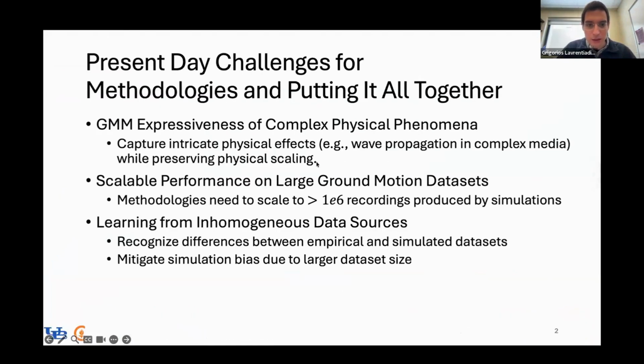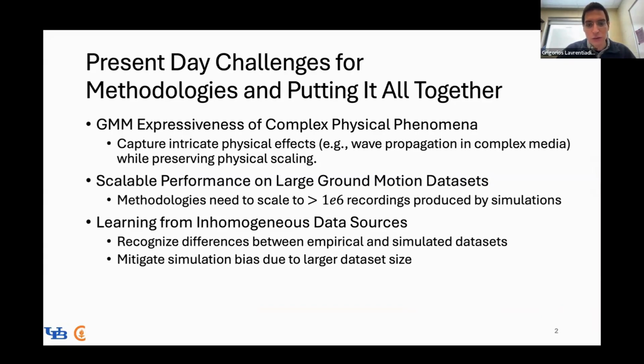And tying it to the theme of this workshop, the main challenges that we identified through this work was first the need to develop a non-ergodic ground motion model with a high level of expressiveness in order to be able to capture complex physical effects that we see both in the observations and the simulations, but also incorporate constraints based on physics so that it can scale properly for scenarios that are not represented well in the training dataset.